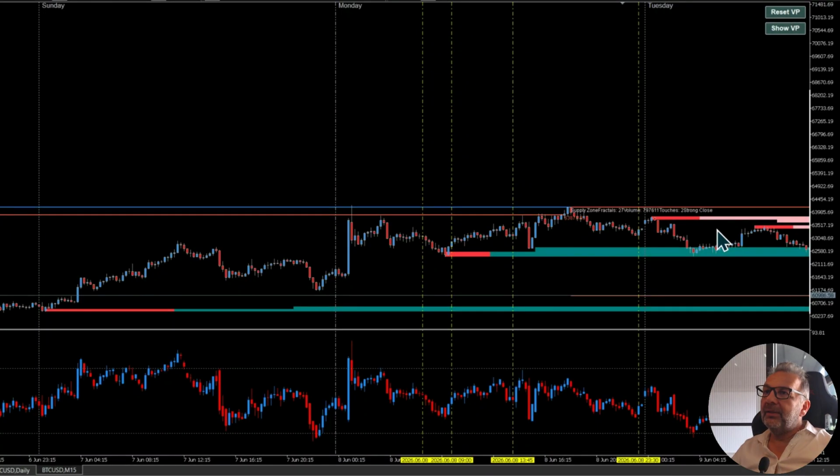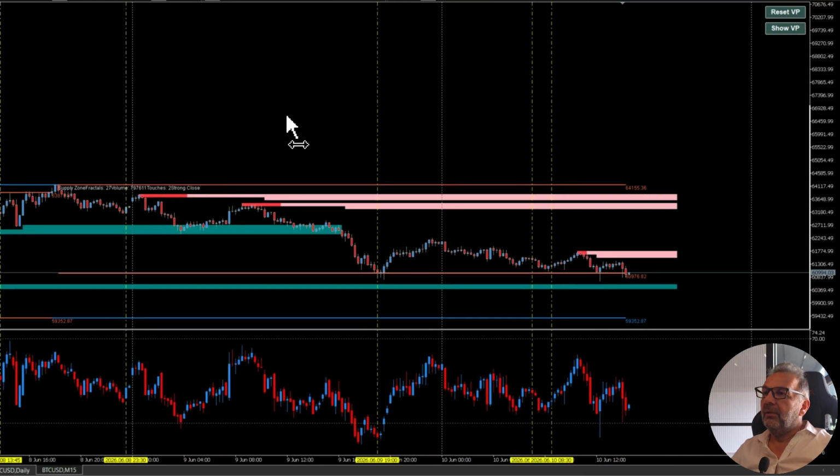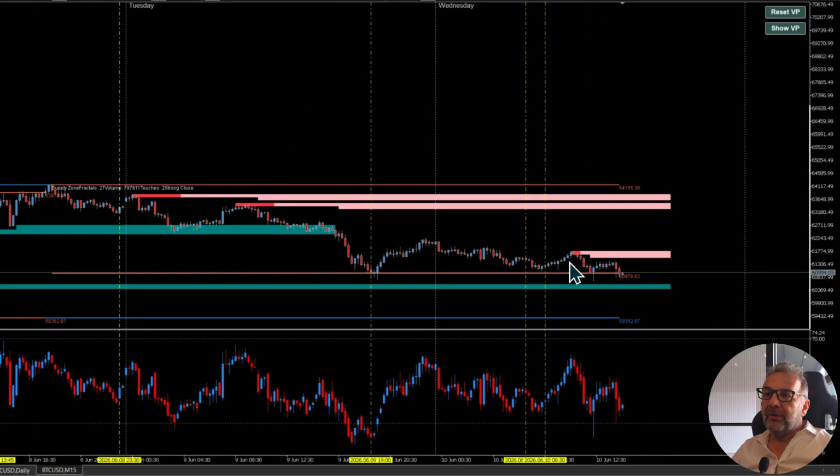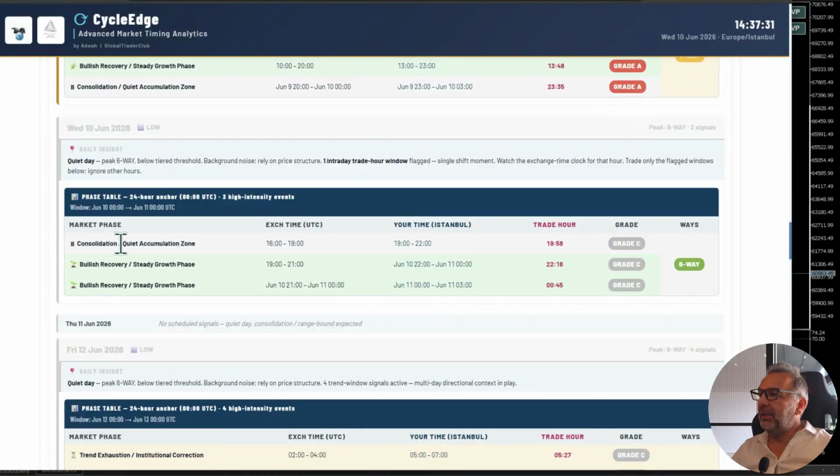So let's take a look at the 10th, which is today. Let's see what's going on. Well, this is how it is. It's not a great day, so no need to risk trading and mucking around on the 10th. So what should I wait for? Is there a day coming up that's going to be good?